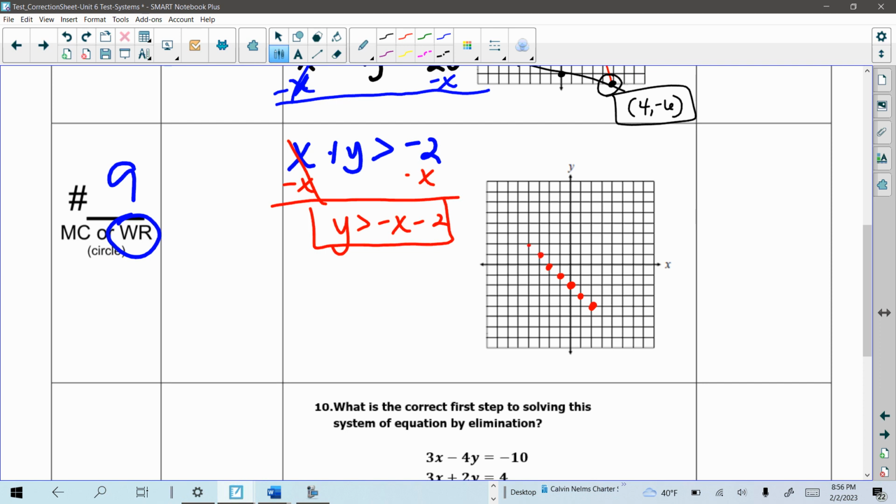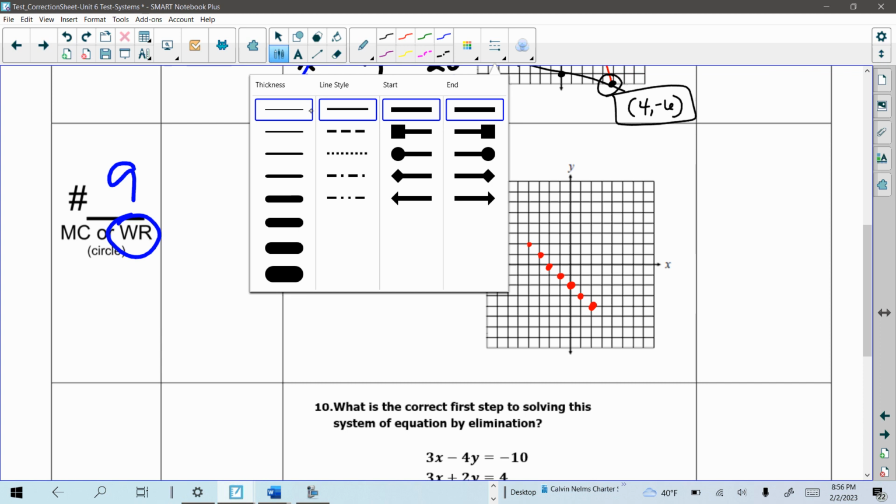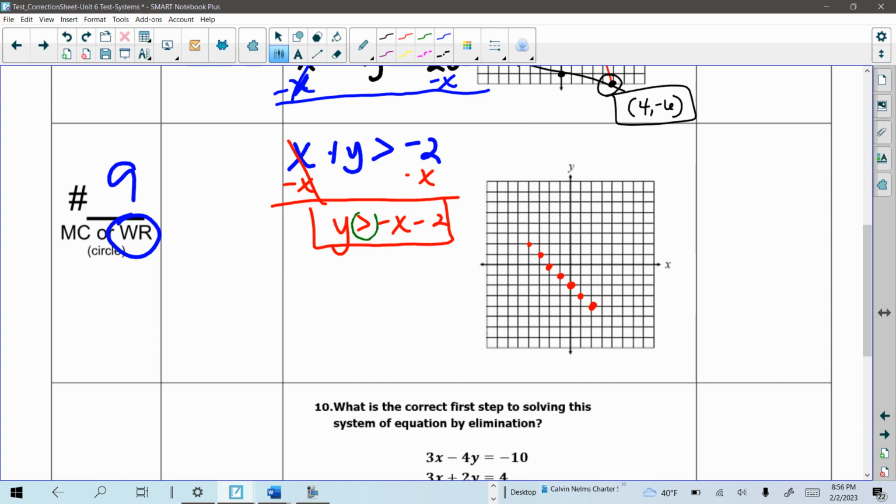Okay. Now, the thing that you had to know, this is where I started seeing errors, is what this symbol means. This symbol here means greater than. And because it says greater than, that means you're going to shade above the line. Also, because it says greater than, the line is a dashed line.